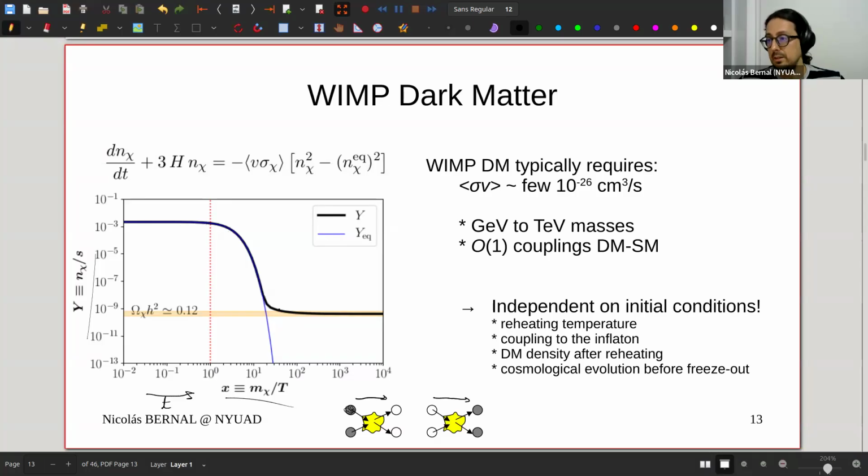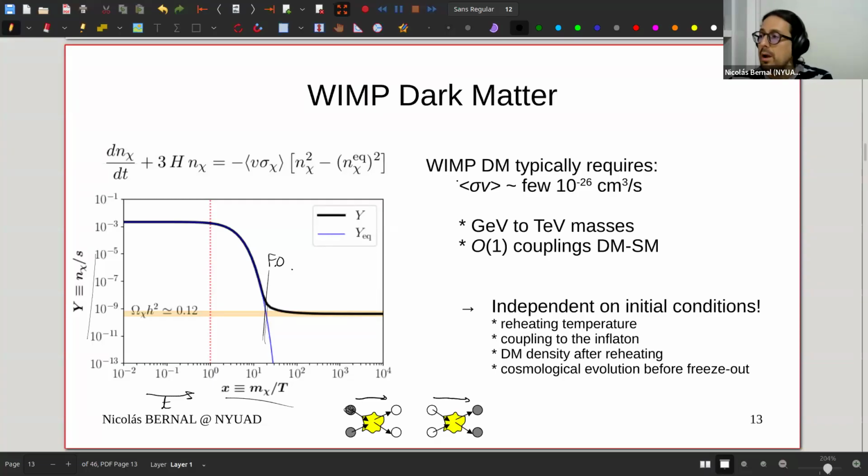However, at some point you break chemical equilibrium. You say that dark matter freezes out, and after the freeze out, you reach a plateau, and that's how the observed dark matter abundance is produced, right? So you're in chemical equilibrium, you break this chemical equilibrium, and you have the WIMP paradigm.